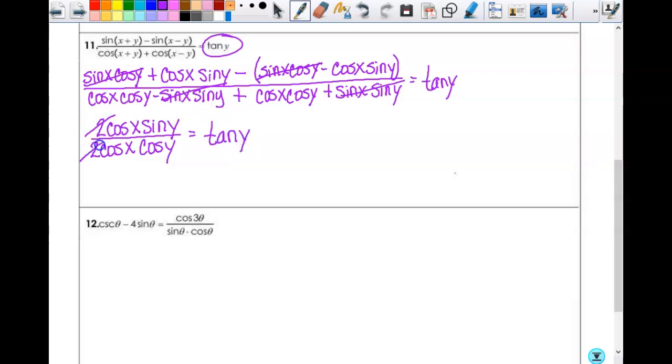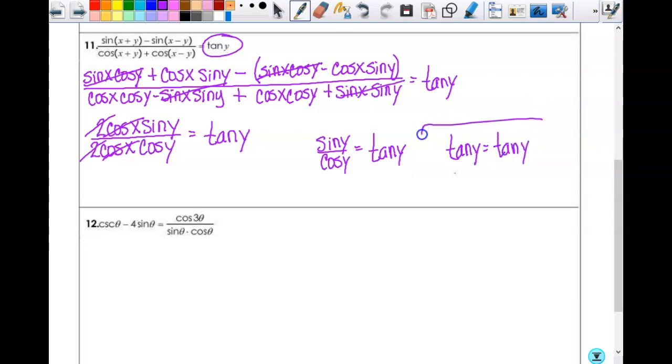So then the 2's cancel out, the cosines cancel out, that leaves me with sine y over cosine y equals tangent y, and that means that tangent y equals tangent y. And there you go.